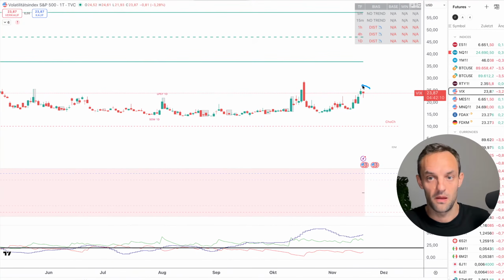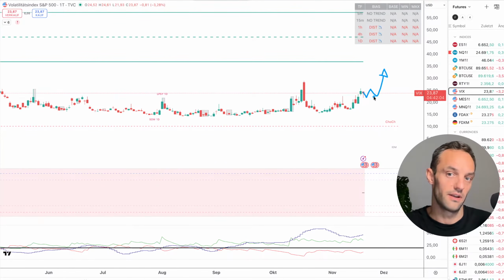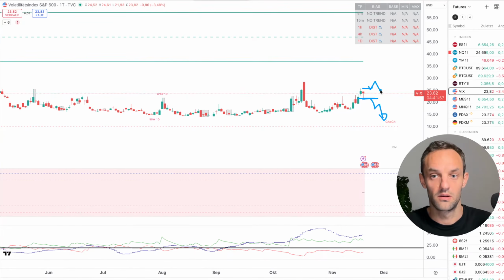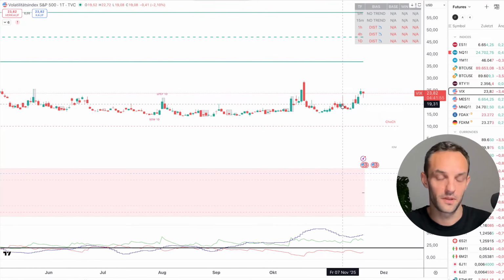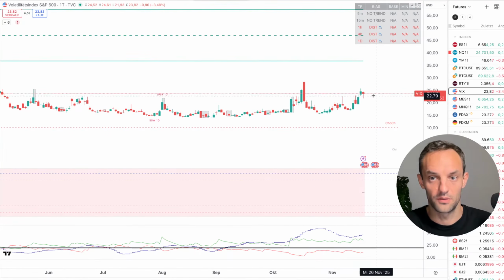So today, VIX is going down a little bit, but I think it can elevate even more. We will see tomorrow where the direction goes, there or there. Okay. From my point of view, today nothing is set.